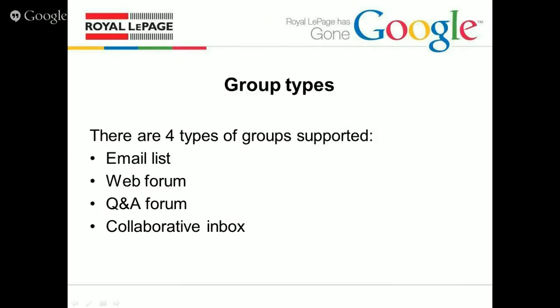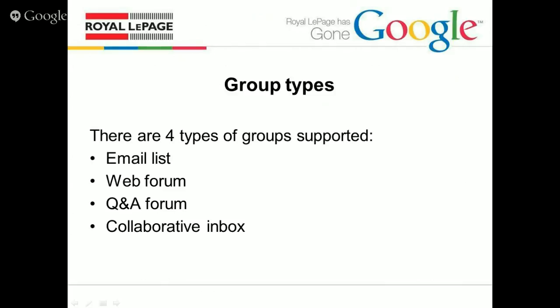So in terms of the 4 group types, there is email list, web forum, Q&A forum, and collaborative inbox. They aren't dramatically different from each other, but there is some slight variation. So I would encourage you to take a little bit of time to think about what you're trying to accomplish with your group before going ahead and creating it.